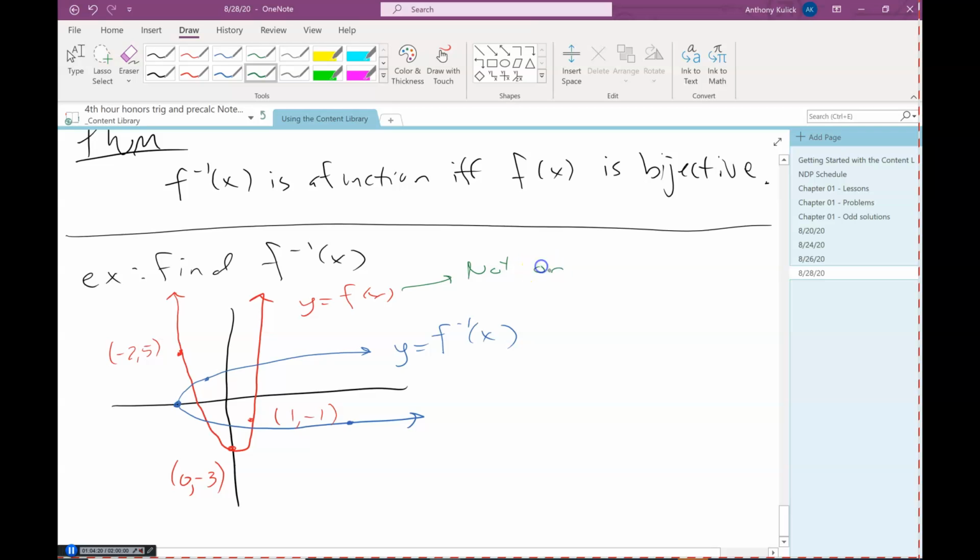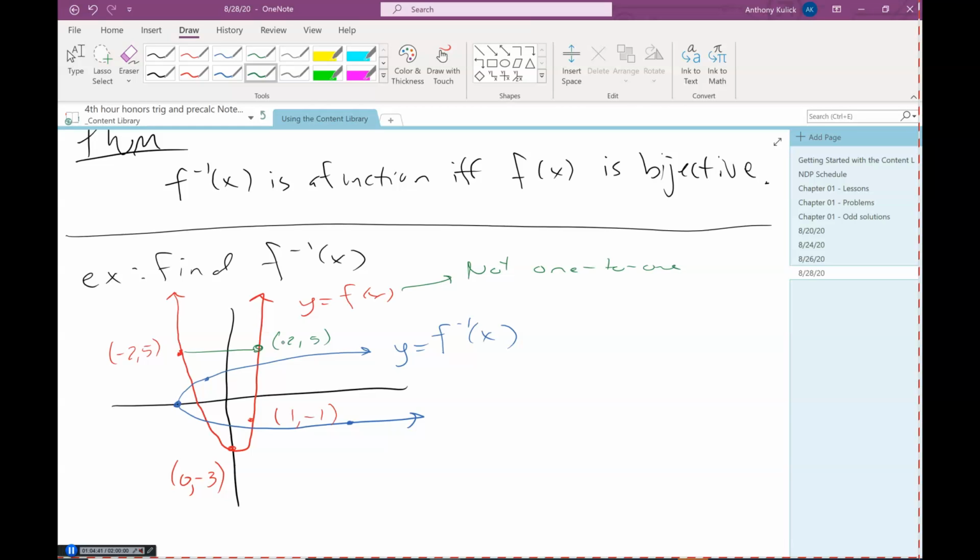It's not 1-to-1, right? There's lots of y values that have two different x values associated with it, right? This would be like 2, 5 over here. You see?